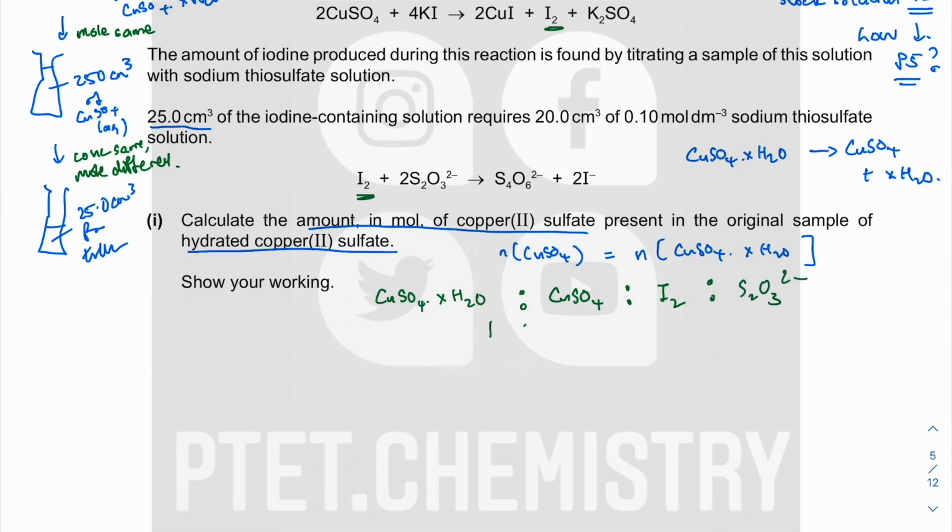We know that it's 1:1 because 1 mole of it give you 1 mole of that from that equation. All right. 2 mole of copper 2 sulfate give you 1 mole of I2. How do I know that? 2 mole of copper 2 sulfate give you 1 mole of I2. All right. 1 mole of I2 give you 2 mole of S2O3 2 minus. Okay, so what do I need to do?